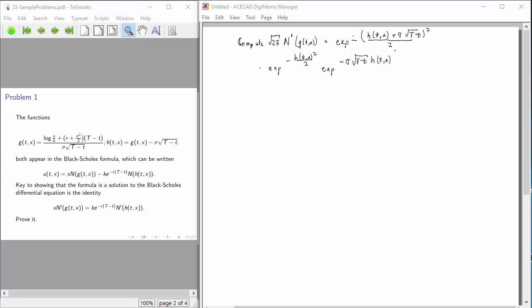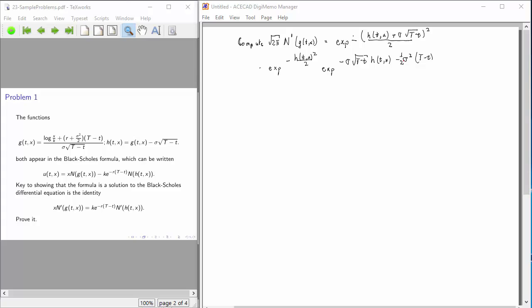And then the last term results from squaring the sigma times the square root of T minus t. There it is, and that's got a factor of 1/2 on it.